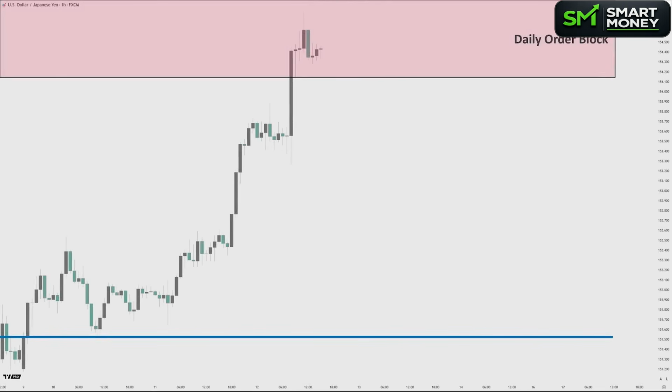On the 1-hour chart, things become more interesting. Unlike the higher time frames, the short-term direction is bullish. The latest impulsive move has created an imbalance, showing strong demand. We can mark the candle responsible for this imbalance as our order block zone. To refine the area further, we can also include the wick of the next candle.